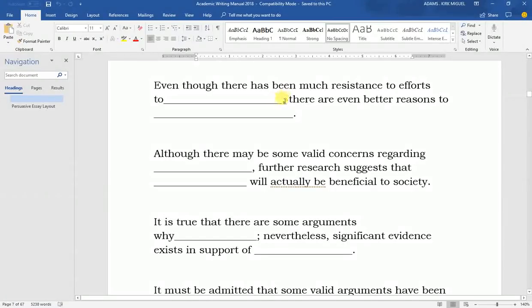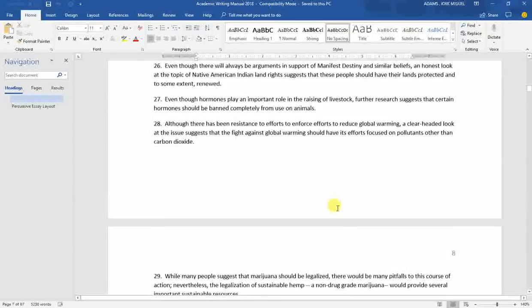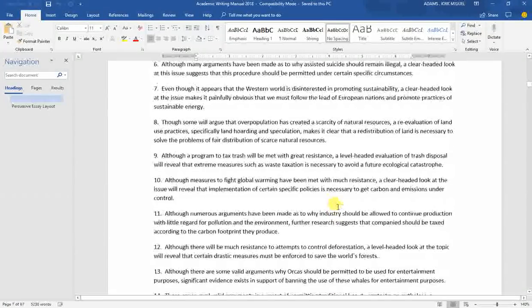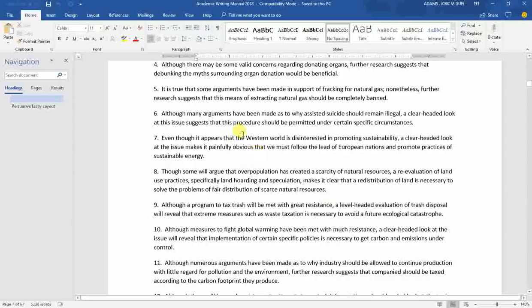Notice there's only a comma in the middle, and then you finish with the author's real argument. That's the same for all of these thesis statements that you find in the manual. Whenever it has although or even though at the beginning, or though, you express one side and then a comma in the middle, and then the second side is the author's real argument.